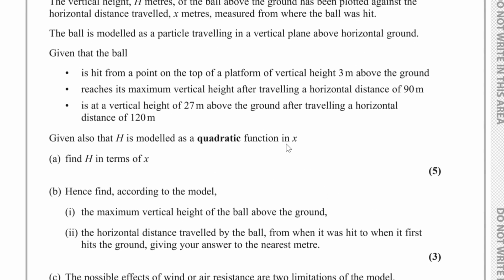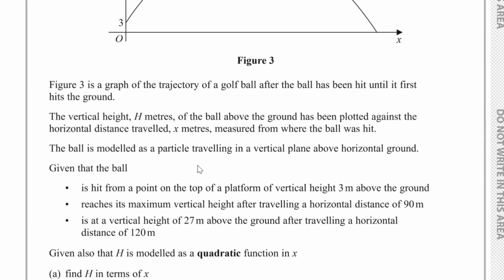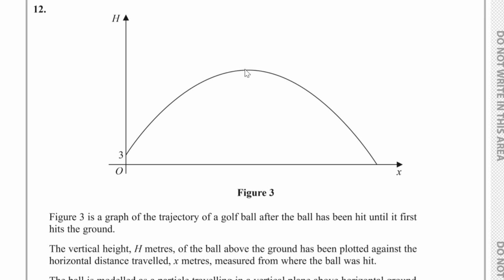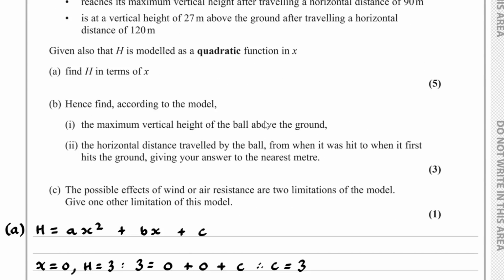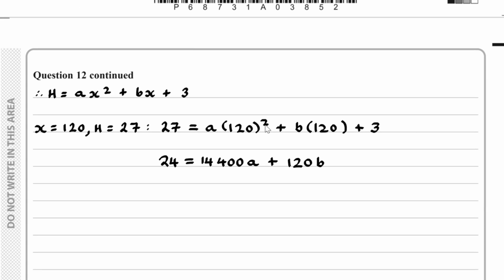So that's what we've got so far, and we know that it reaches a maximum height when x is equal to 90. Now if we have a maximum height, that suggests to us we need to differentiate. So if we differentiate, dh over dx is equal to 2ax plus b.